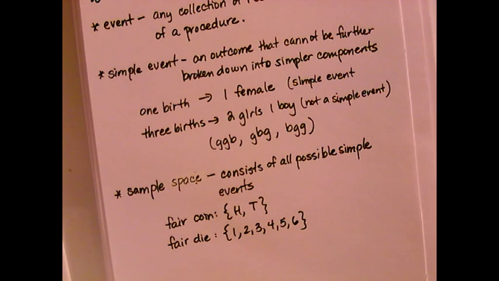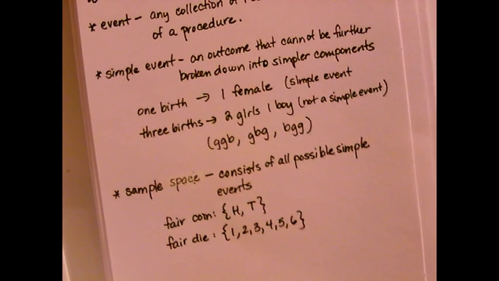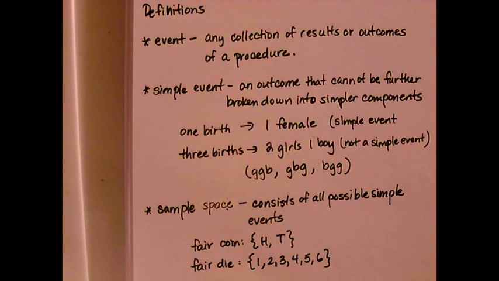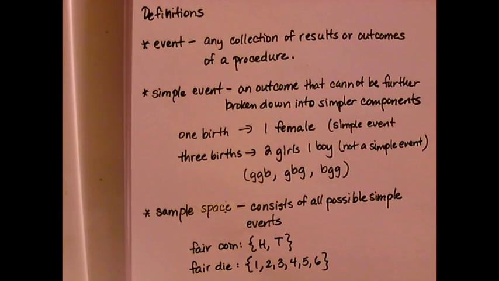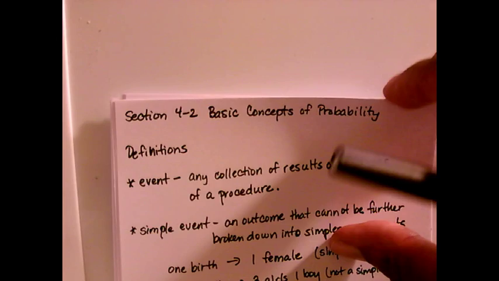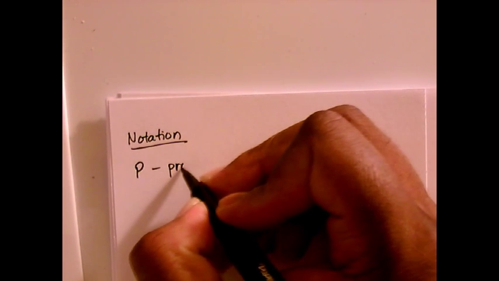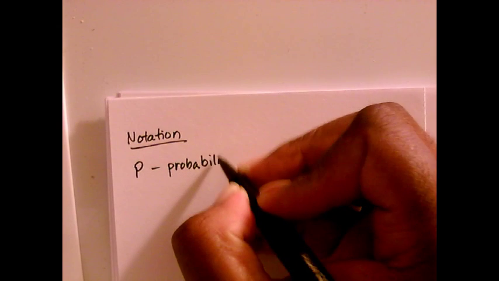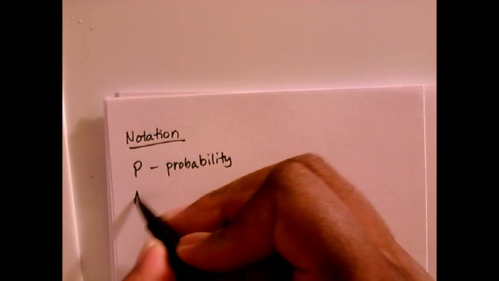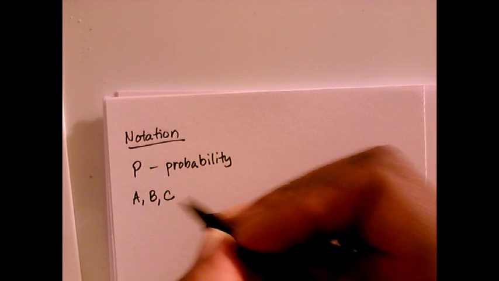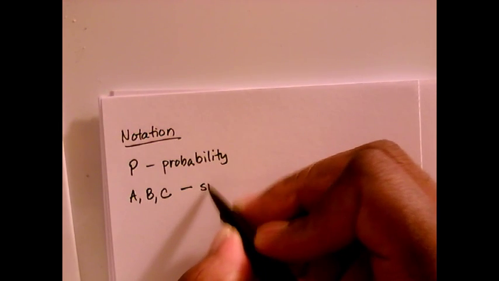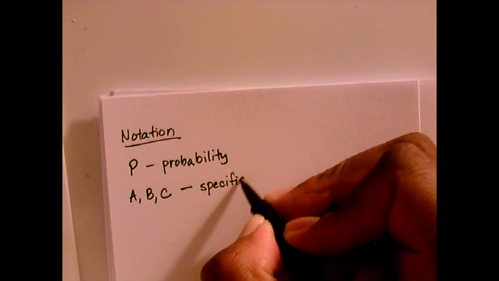So those are just some definitions or some terminology that you need to be familiar with that deals with probability. Okay. Now the next thing I want to talk about is the notations for probability. When you have a capital P, that means probability. And then you have capital letters like A, B, C. Those denote specific events.